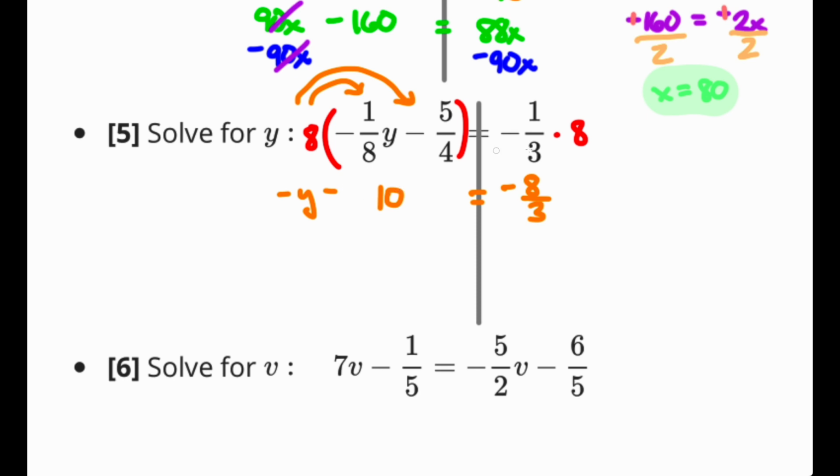From here, we still have another fraction, so we're going to multiply both sides by its denominator, which is 3. And you're going to have negative 3y minus 30 is equal to, so this cancels here, negative 8.